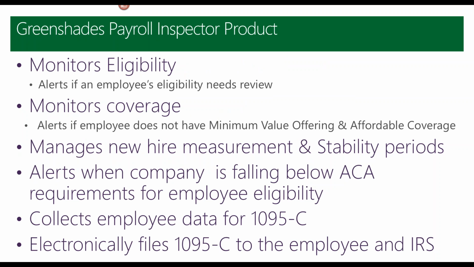You have to look at different time frames as to whether an employee is eligible or required to have insurance. Of course, it alerts you when an employee falls below, collects data for the 1095, and electronically files them. And here again, all of this is reading your existing GP payroll tables today.